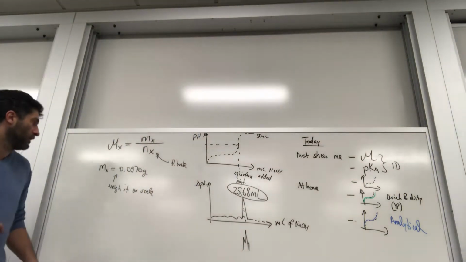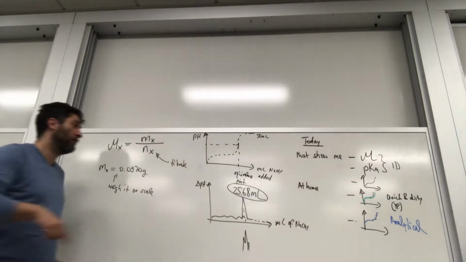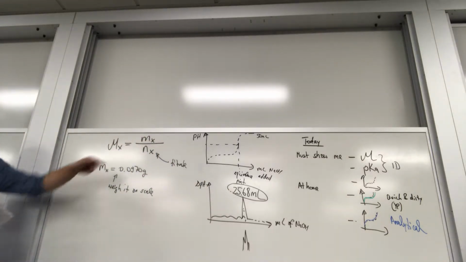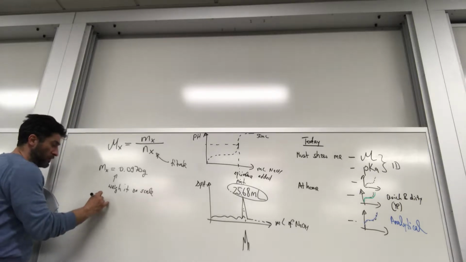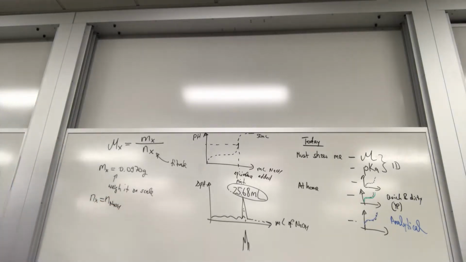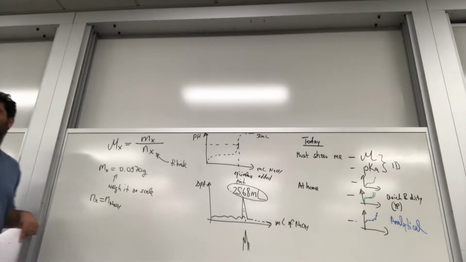Okay, so I have the volume of equivalence point. How do I get the moles of the acid? Well, the moles of the acid is equal to the moles of NaOH. Why are they equal at equivalence point? And what's special about the acid? 1 to 1 ratio. Right?